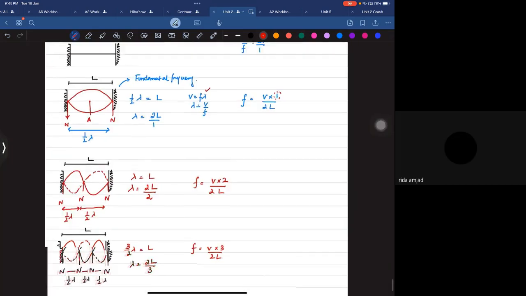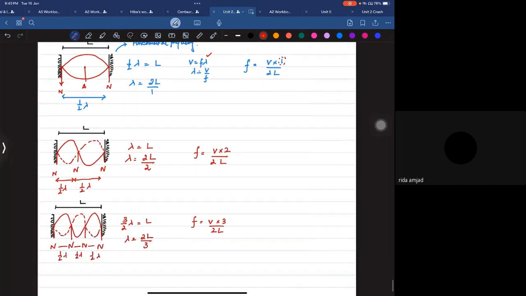Now, if you look at the whole thing that I've done, you might be surprised to see that each one of these has 2L on top, 2L, 2L, and every time I go to the next frequency after fundamental, it will be 1, 2, 3. So I can write a general formula for this: if I want to find lambda, it will be 2L by n.